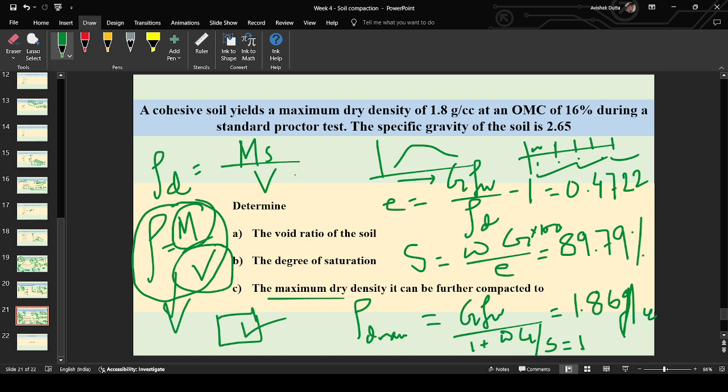I am guessing that only because in bulk density both numerator and denominator are variable. For dry density, the denominator is constant. Which volume do you take? The volume of the mold only. In the laboratory test, we first write down the volume, 1000 cc.